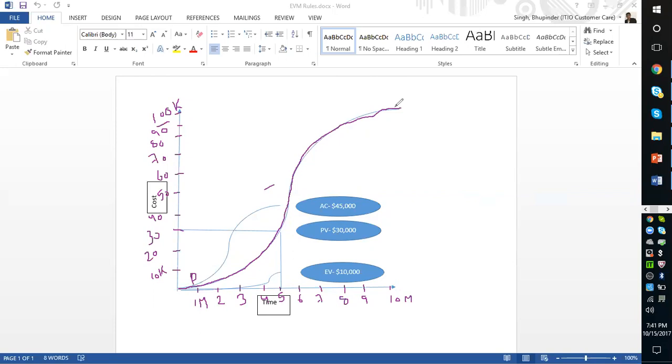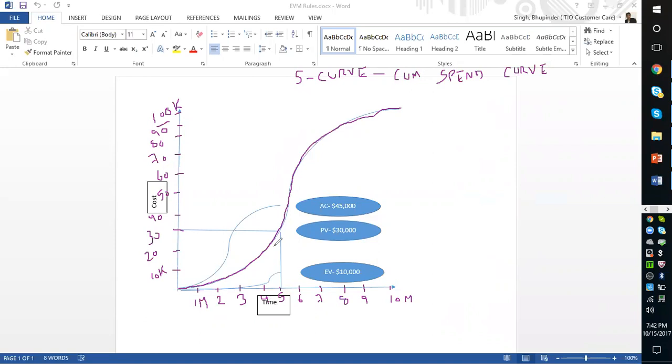That's how the expense is incurred in the project. That is why this looks like an S, and that's why it is called an S curve. The plan that you have prepared is called an S curve, and this is also referred to as the cumulative spend curve.